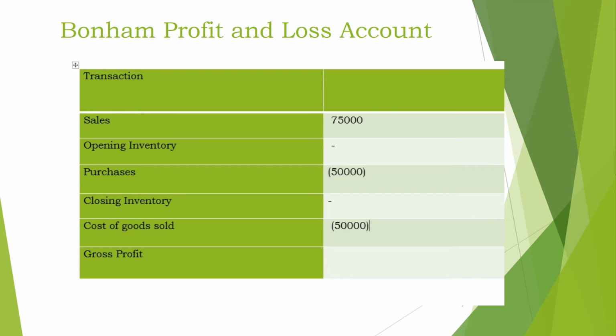Your cost of goods sold is simply your opening inventory plus your purchases minus your closing inventory.